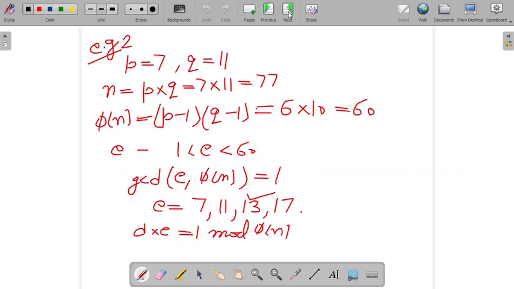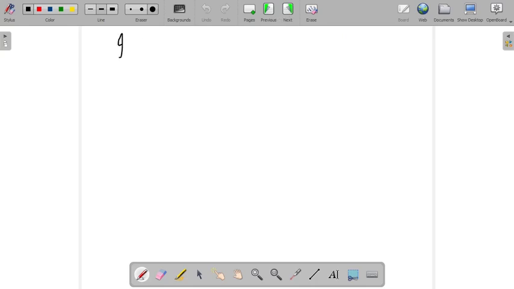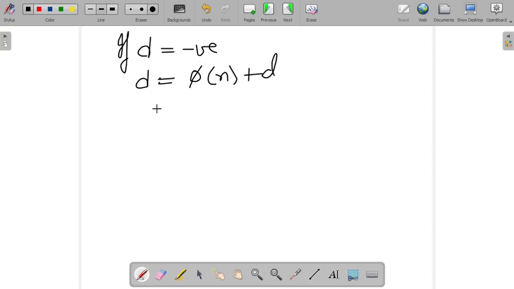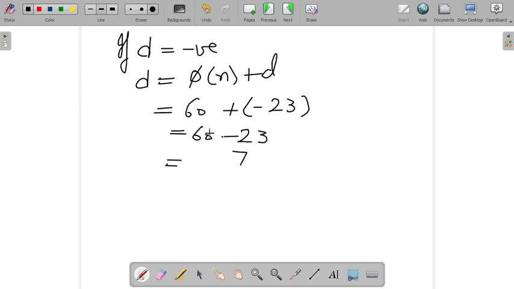Next, if d is negative, then d is equal to phi n plus d. Okay, so here phi is 60 plus minus 23, so it becomes 60 minus 23, which is 37. So the correct value of d is 37.